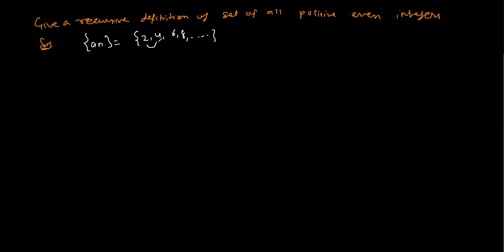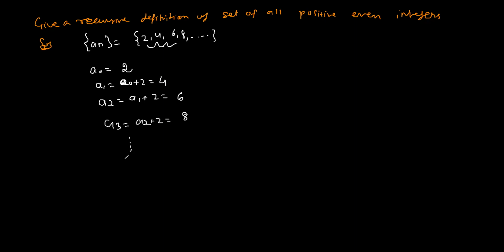You can see 2 is added in each term. Let's suppose the first term is a0, 2. The second term will be a0 plus 2. The third term will be a1 plus 2, then a2 plus 2. So an will be an minus 1 plus 2.